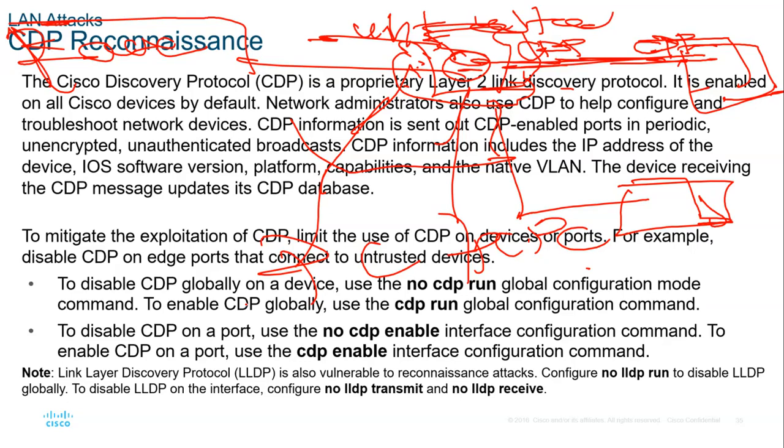To disable CDP globally, you can use this. Globally, I mean, let's assume it's Router1, then in config mode, that is where you put no cdp run. If you want to enable it, you just use cdp run globally.